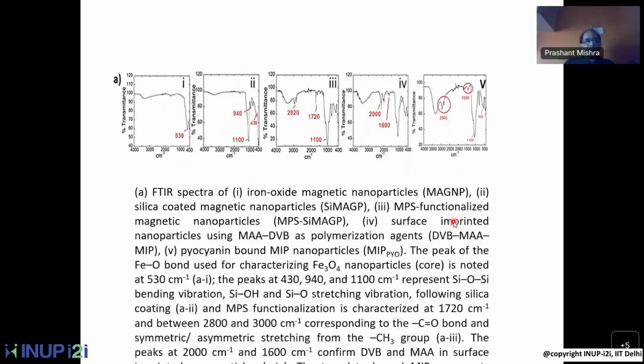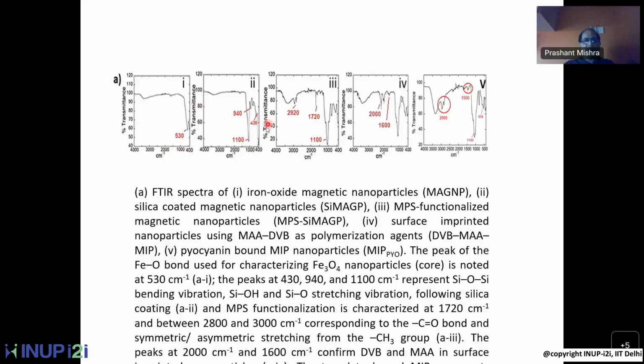Now this is showing you the difference in the spectral pattern of the different IR spectra which have been taken. For example, the first one shows the magnetic material, iron oxide. You can see that at this base, the transmittance shows that just the iron magnetic particle is present. Then what you have done is you have functionalized this with MPS.